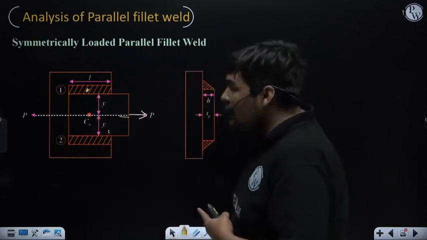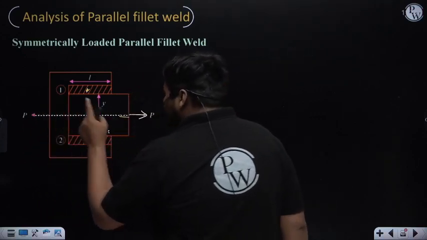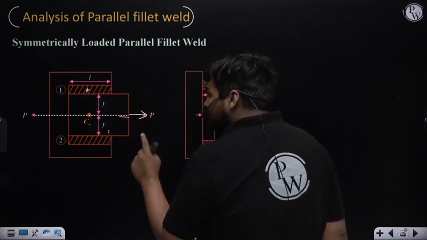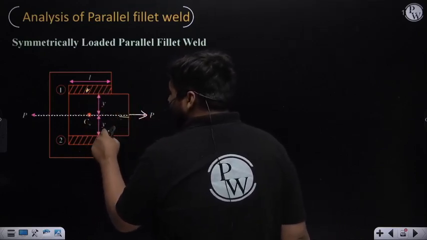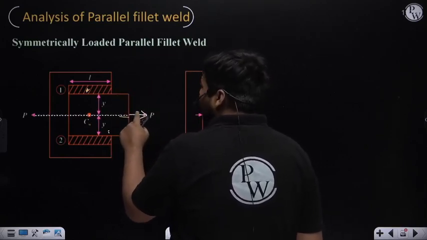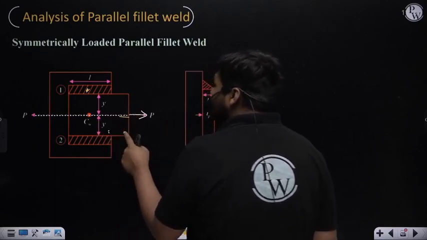Now to ensure that the combined centroid is exactly coming on this line, we need to take the length of both the top weld and the bottom weld exactly the same when this distance y is the same. It means if the distance of load P from the top weld is y and the distance of load P from the bottom weld is y, both are equal.